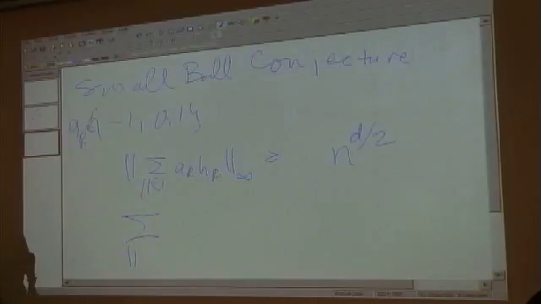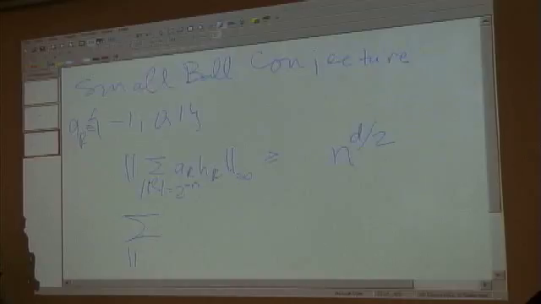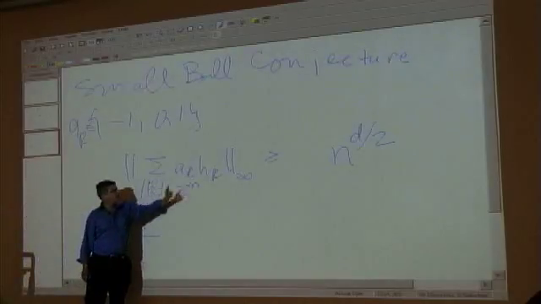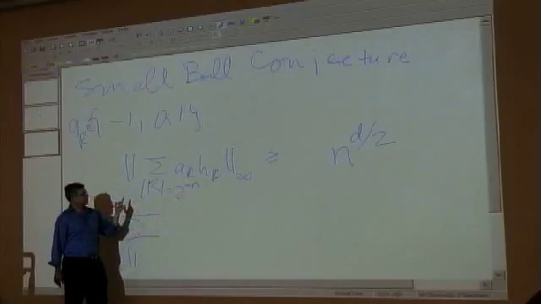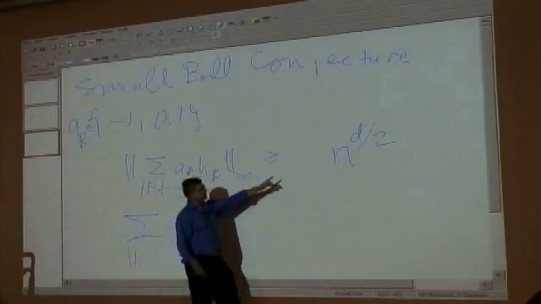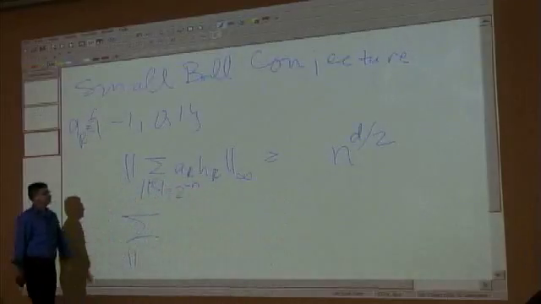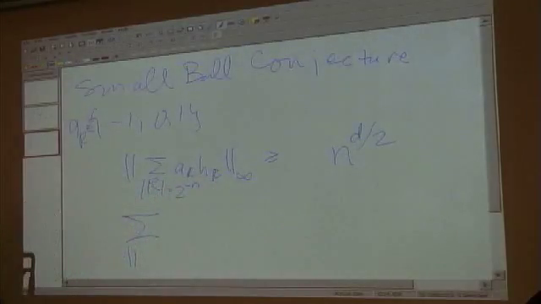So we agree that I should restrict volume, which I forgot to mention. It's very important that you restrict the volume of the rectangles. For each n, you sum R's with the volume of the rectangles fixed, and then the conjecture says you get n to the d over 2, ignoring the constants that depend on the measure.